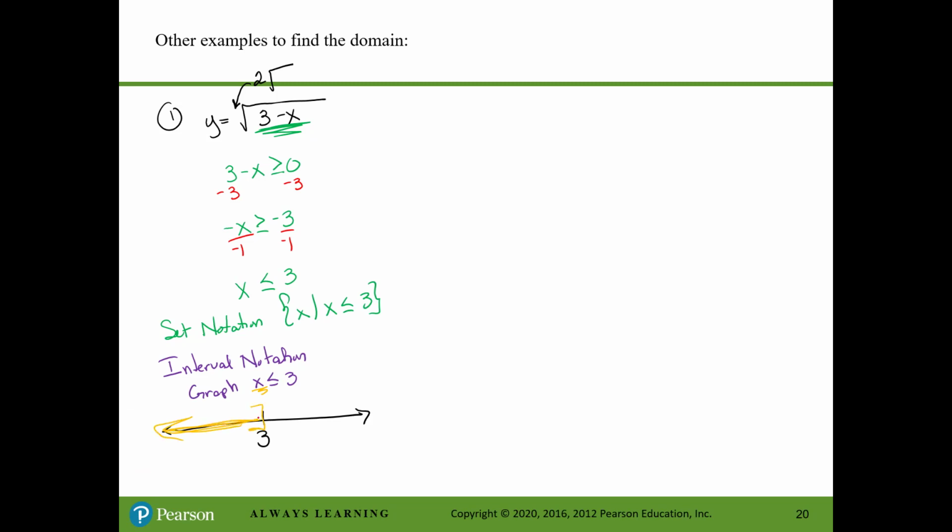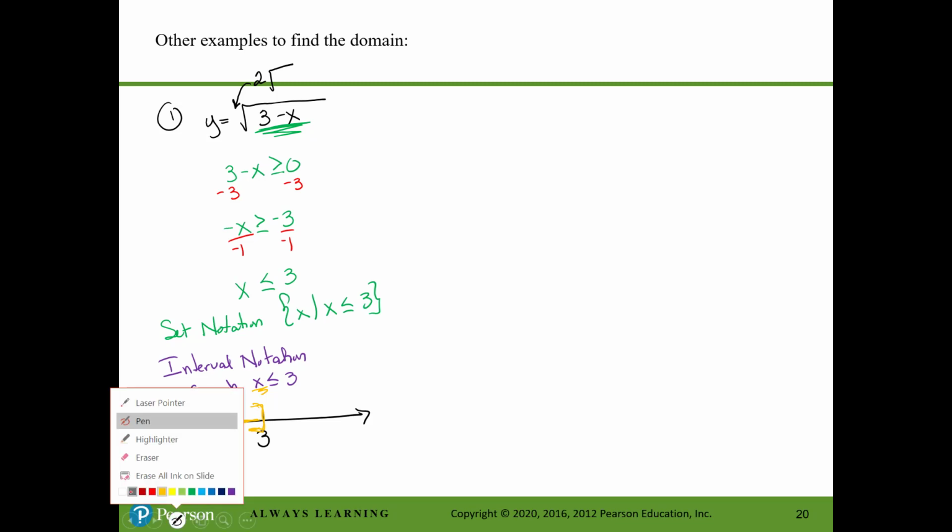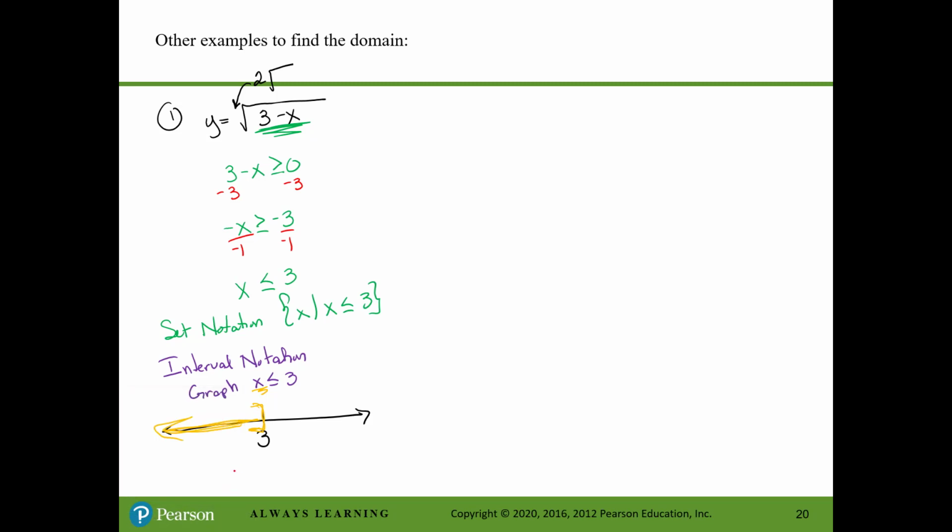And since it's equal to, I have a bracket, which means the interval notation will look like negative infinity all the way to 3 with that bracket on the 3. Cool? Okay, let me do one more example.